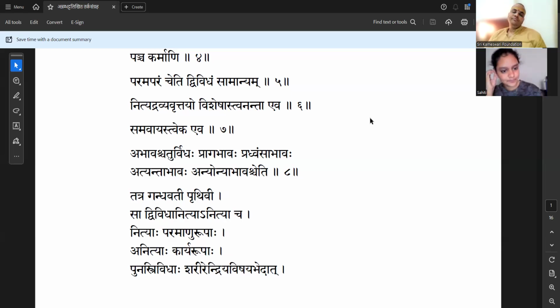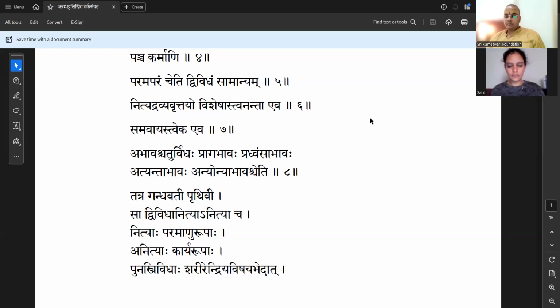Now Prithvi is of two types. Now the classification: Nitya, Anitya. Dvividha means it's of two types, Nitya Prithvi and Anitya Prithvi. What is the Nitya form? Nitya means eternal, which is not created, nor can be destroyed. That is the Paramanu Rupa, the indivisible part.